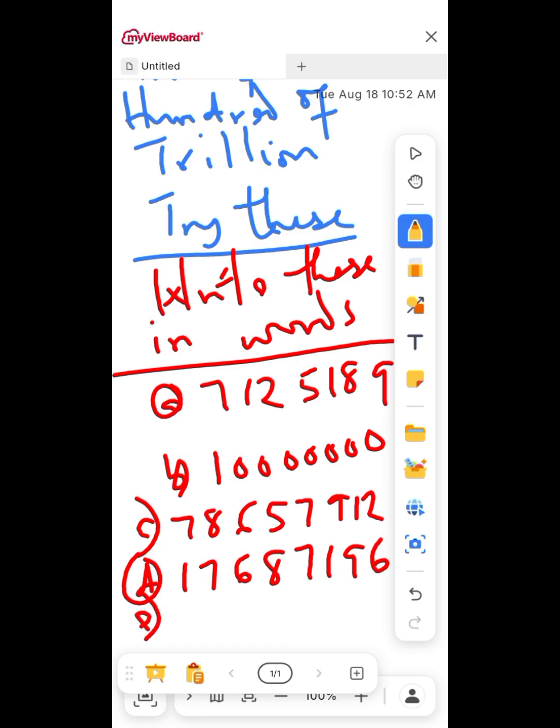Try to write them in words and submit your answers. I'll be waiting in the comment section.